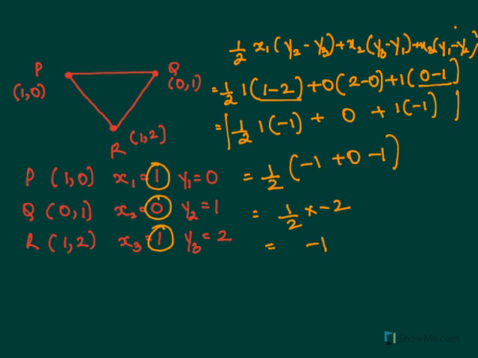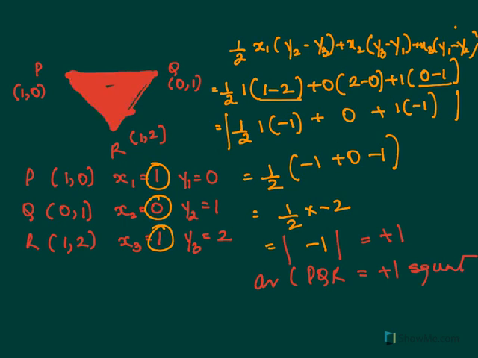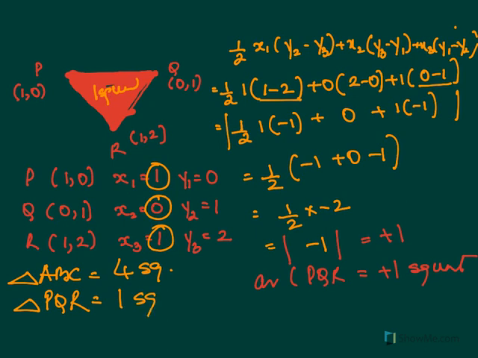Now remember we had that modulus sign, the absolute sign. That means the area is plus 1. You ignore the minus sign. So area of PQR is equal to 1 square unit. If we went back, we found area of ABC 4 square units, and now area of PQR 1 square unit.